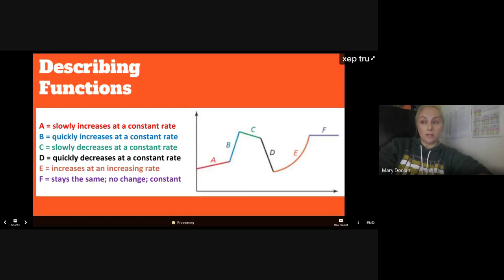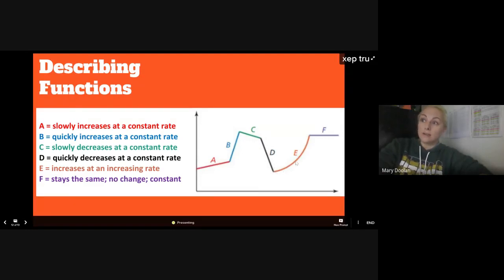So this is quickly because it's steeper, okay? So when your slope is steep, it increases more quickly. Now C, the green part here, we're no longer increasing, we're decreasing. And it's a slow decrease. Part D, the black line, is still decreasing, but much more quickly. So it's a quickly decreasing segment at constant rate.